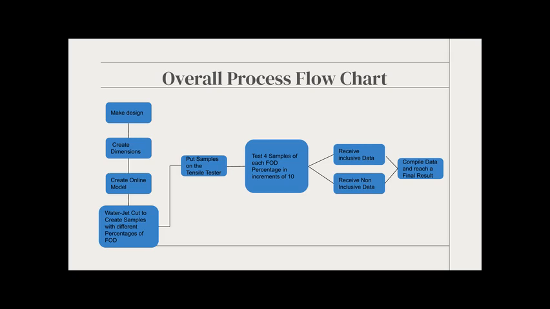Some of our data was hard to tell the results, and others were really close, and then we could put all that data together to come up with our final result of whether FOD affected the strength of what we were going for, and we actually got pretty good data to show us that.